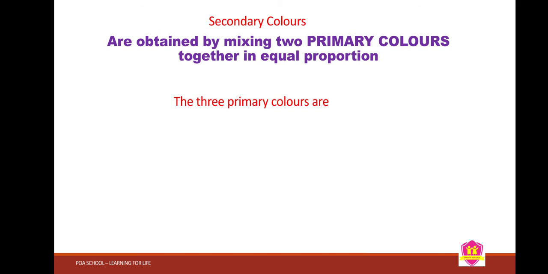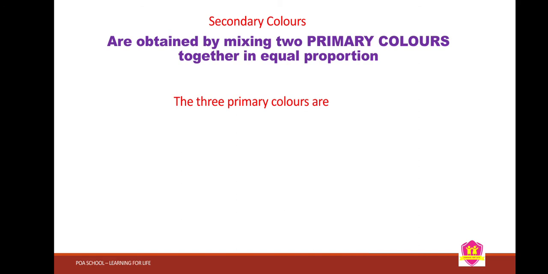So when it comes to mixing your primary colors to obtain a secondary color, don't forget the proportion should be equal. No matter the colors that you may pick, there should be equality when it comes to the color mixing. And this will certainly give you the right secondary color which you are after.